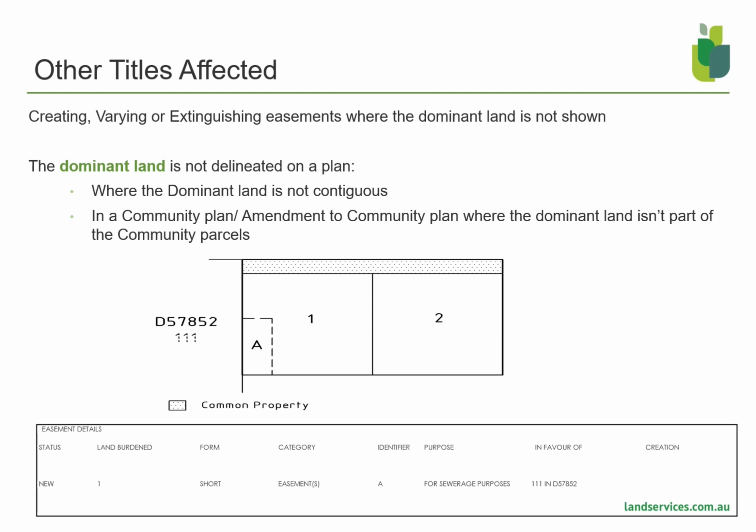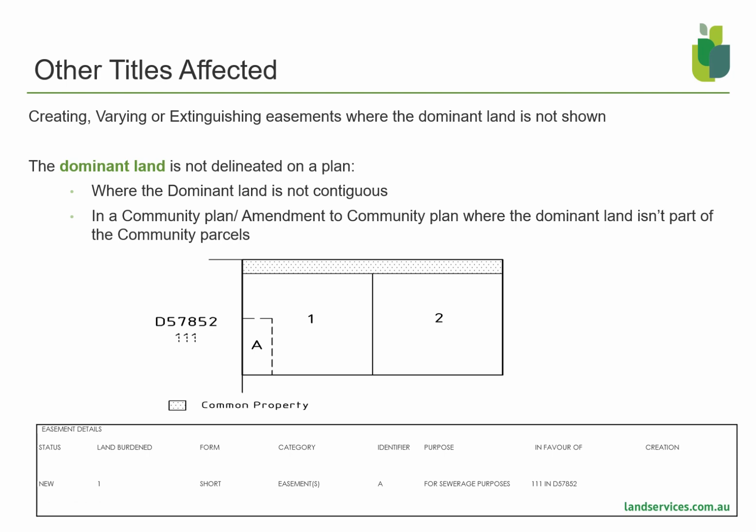Other titles affected is also shown in a community plan or an amendment to a community plan where the dominant land isn't part of the community parcels as the dominant land is in a different title system. In the example shown, easement A has been created in favour of allotment 111 in D57852.